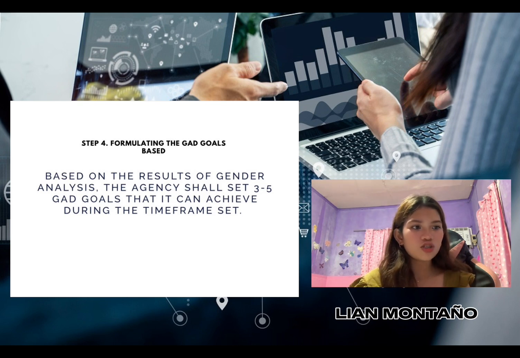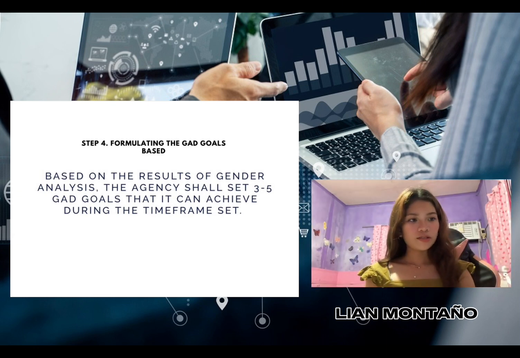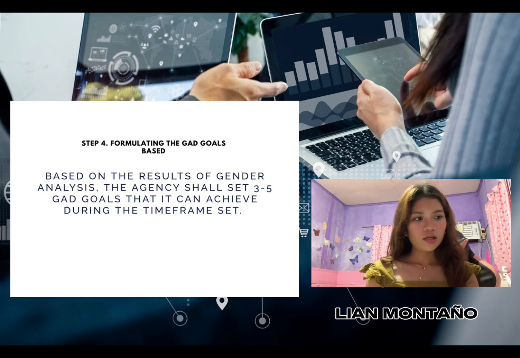The agency shall set 3 to 5 GAD goals that it can achieve during the time frame set. Well, based on the problems identified in the gender analysis in step 2, the agency will choose 3 to 5 specific goals it can realistically achieve within a set time period. These goals will directly address the inequalities found in the analysis.